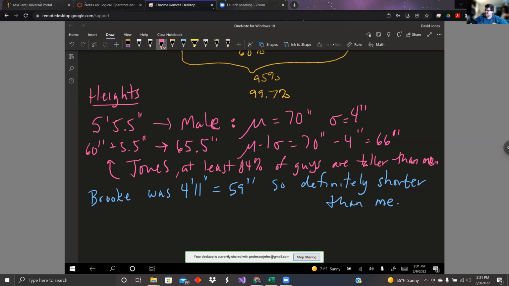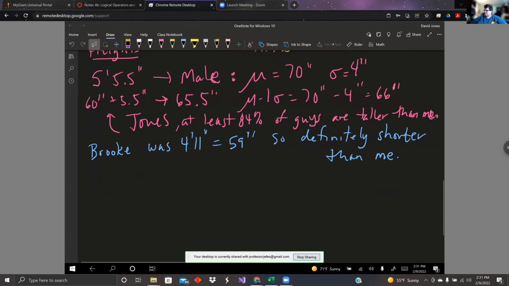So Brooke, she was at 59 inches, but women have a different mu and sigma. Women have a mu of 65 inches and a standard deviation of 3.5 inches.